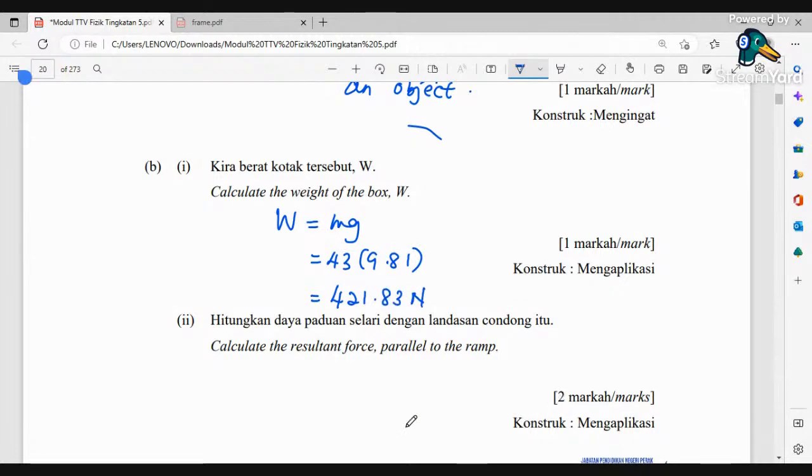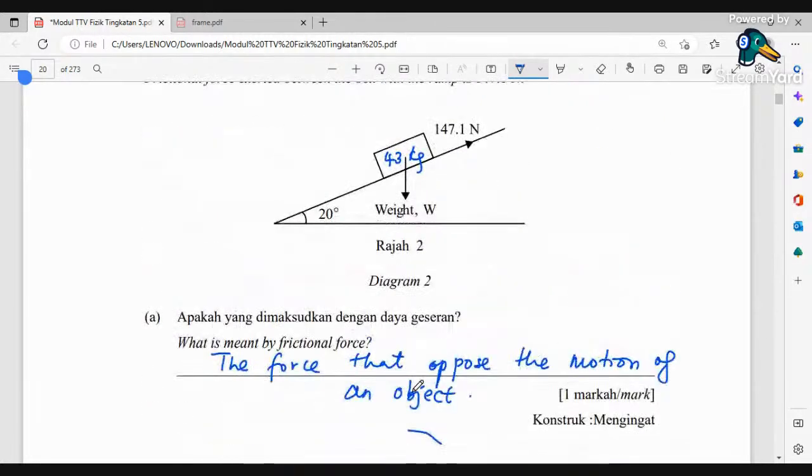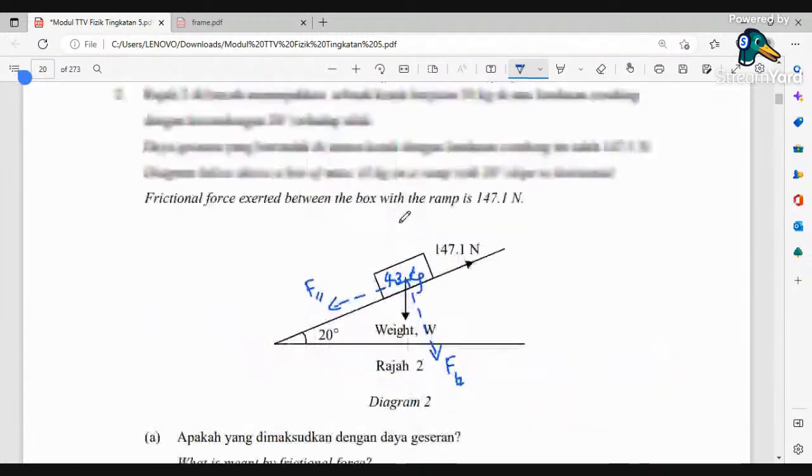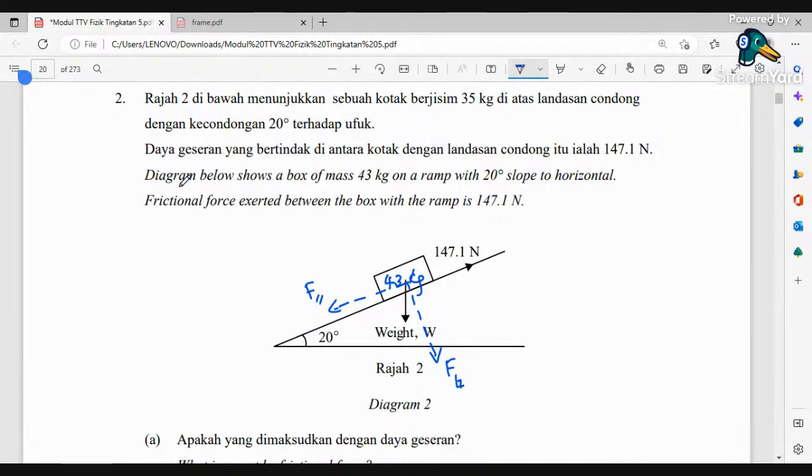Okay, calculate the resultant force parallel to the ramp. The angle here is 20 degrees. You need to resolve W into two components: the parallel component, and this one is the perpendicular component. Given the frictional force exerted is 147.1.